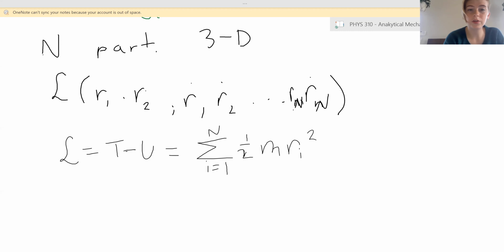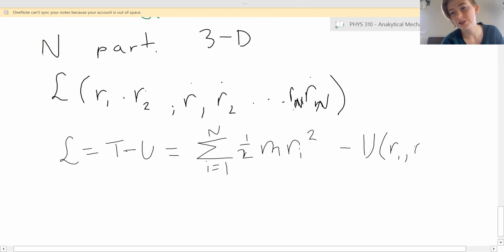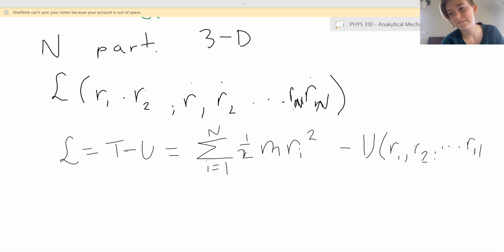So that's what the total kinetic energy will look like. And then the total potential energy is a bit more arbitrary still, and it's going to look like that.